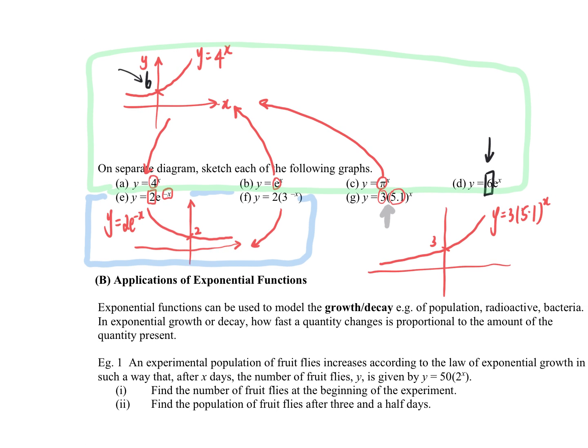But why I say the number here must be more than 1 is because if it's not more than 1, what happened? So for example, if I say my equation is y equals to 0.5^x. It's not more than 1, right? It's between 0 and 1. Then what happened? This is half.